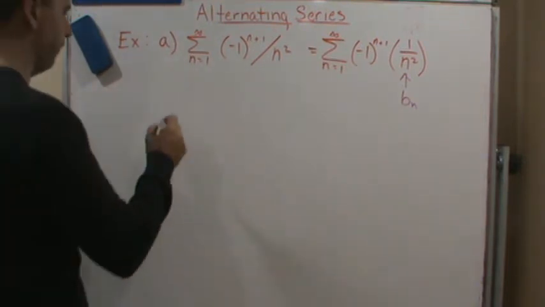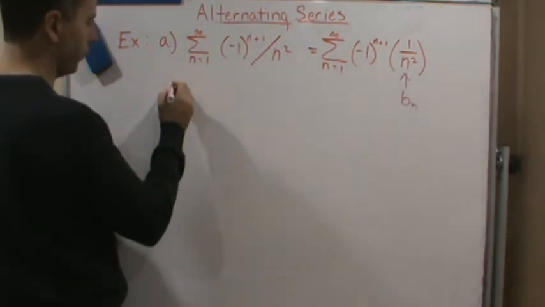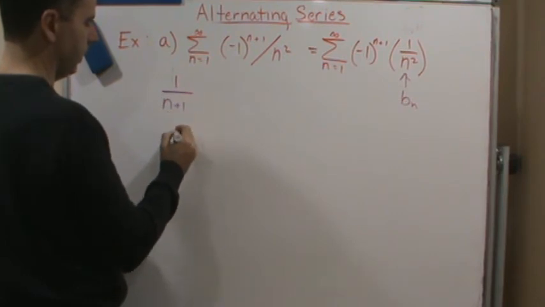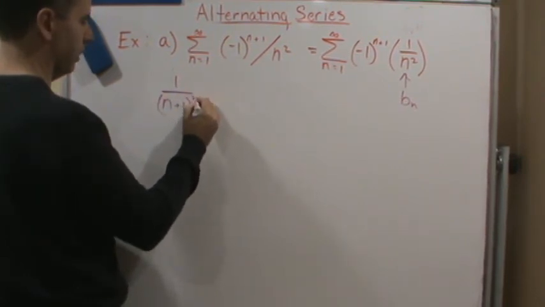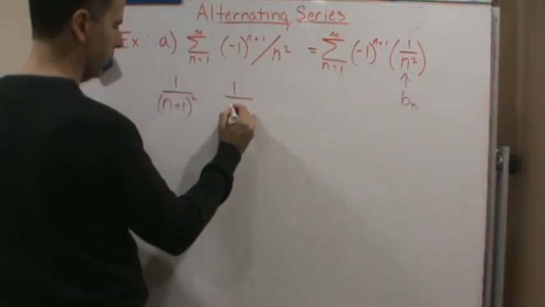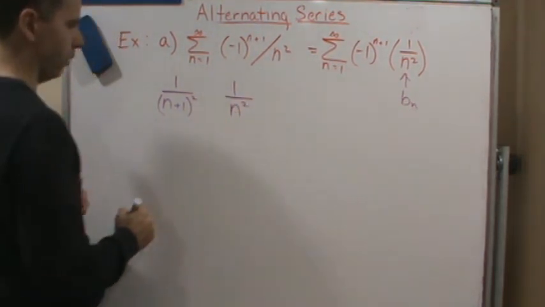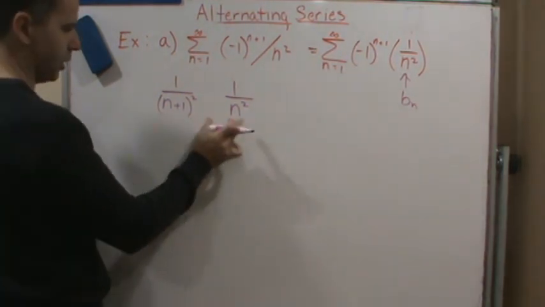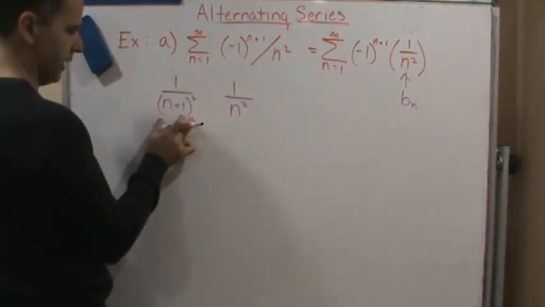So now, if we look at 1 over n plus 1 squared, and we look at 1 over n squared, now we can see that this is the next term, so this is one term, this is the next term.